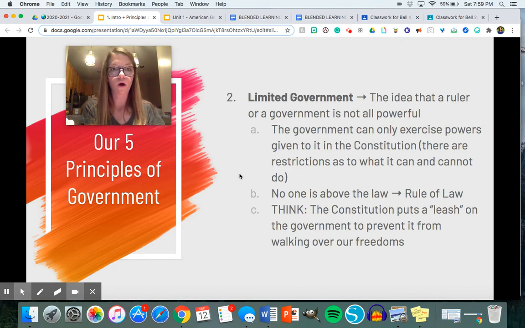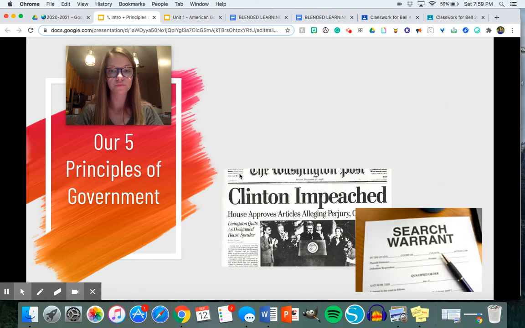When you take it on a walk, you direct it, you make sure it doesn't run away from you and get out of control. So we, the people, are putting a leash on the government by the Constitution to prevent it from walking all over our freedoms and going outside of where we want it to go. Okay, so hopefully that helps you maybe put an example or a context to this principle of limited government.